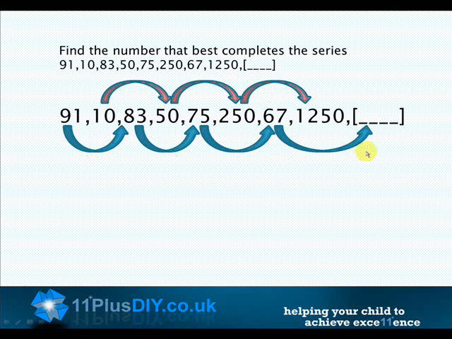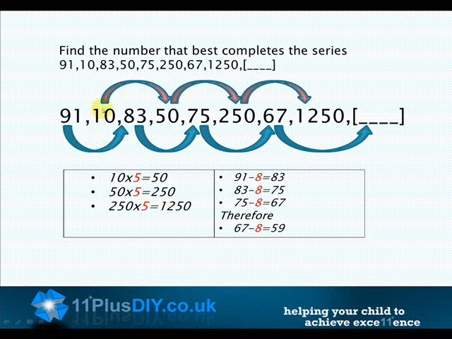Is there a pattern? Well, looking at our top row again, 10 times 5 is 50. 50 times 5 is 250. 250 times 5 is 1250.